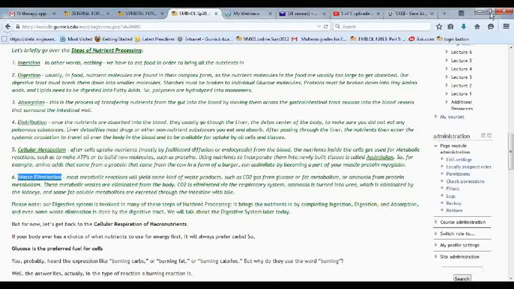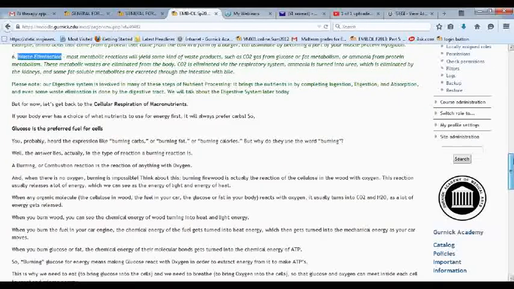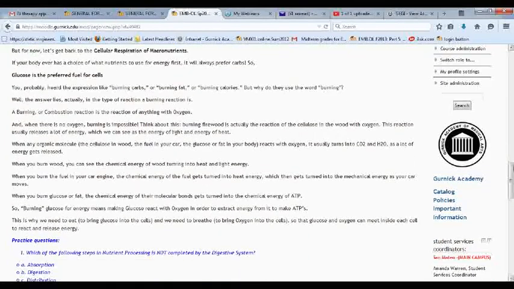Okay. So now we're going to talk about cellular respiration, and that's what we're going to be focusing on for most of the part today. What is respiration? So once again, when we say respiration, it doesn't necessarily mean breathing. When we talk about cellular respiration specifically, we simply mean taking the energy of food and turning it into the energy of ATP.